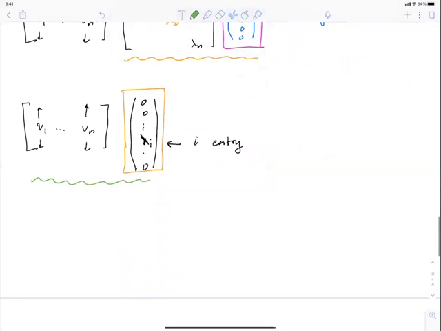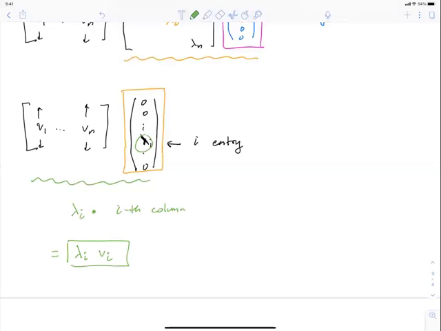And now finally here, we can evaluate this. Now, if you do matrix multiplication with rows and columns, this may seem a little awkward, but if you do it out, this right here is just going to give us precisely lambda_i times the ith column, which happens to be lambda_i times v_i.